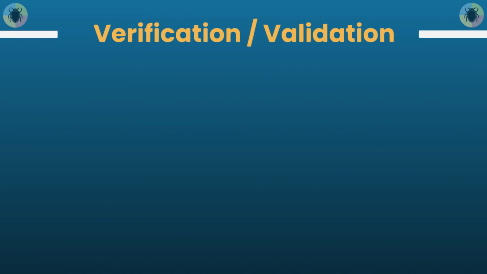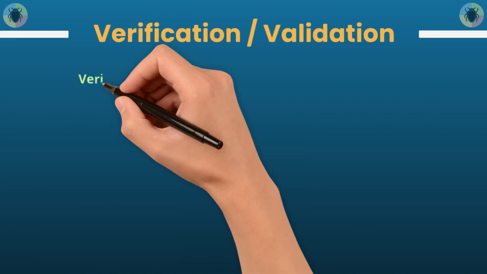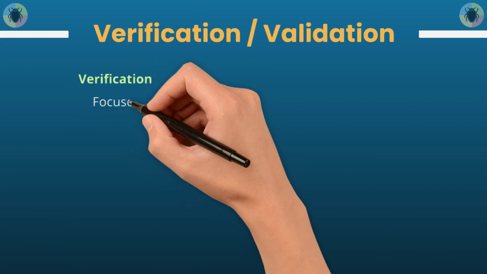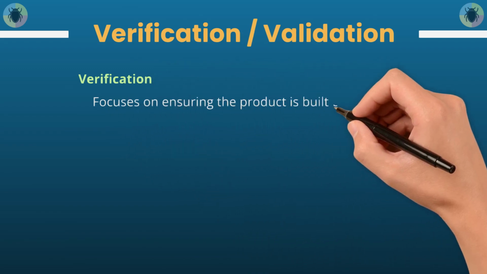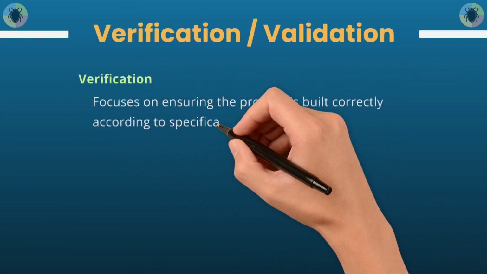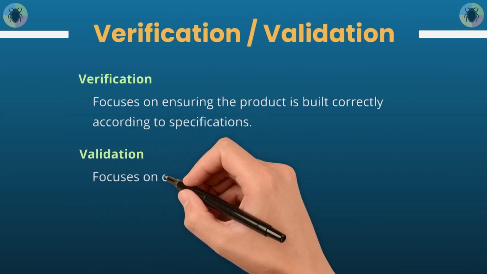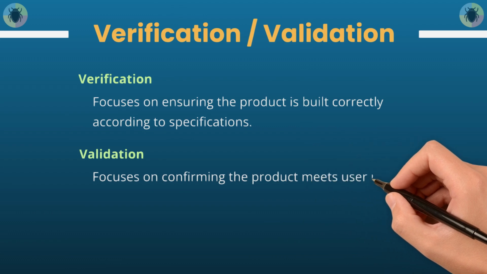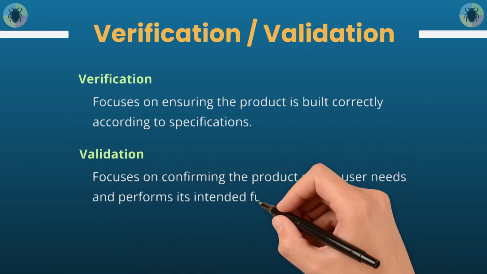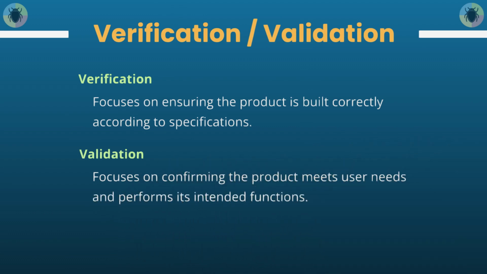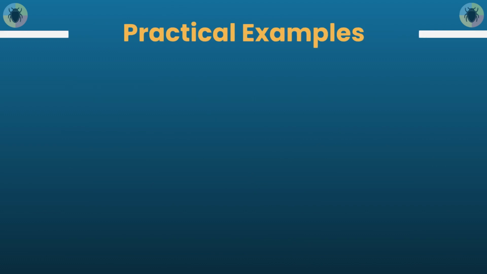Comparing verification and validation. Verification focuses on ensuring the product is built correctly according to specifications. Validation focuses on confirming the product meets user needs and performs its intended functions. Practical examples.